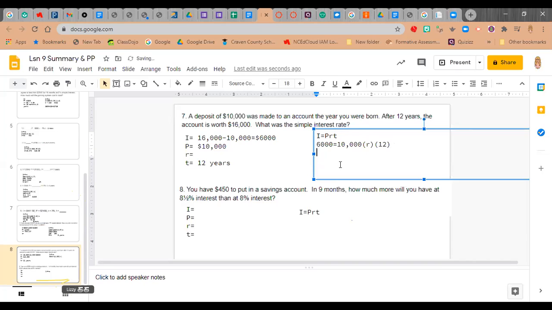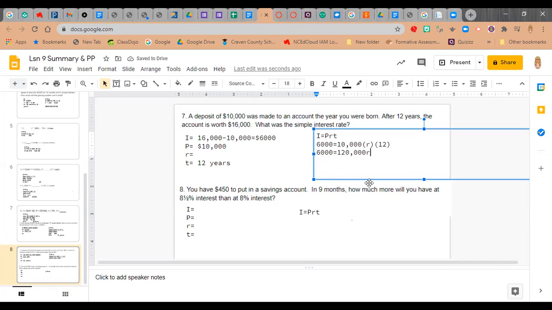So we can combine the terms on the right-hand side. So Lizzie, what do we get when we multiply 10,000 times 12? I don't have a calculator right now. You get 120,000. Just add zeros, sweetie. Uh-huh. All right.